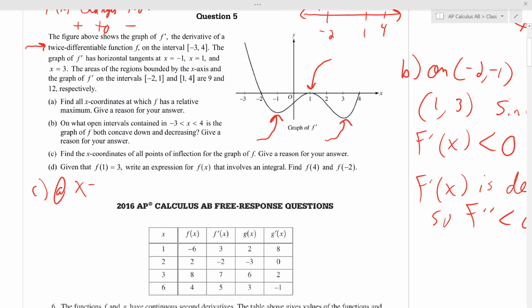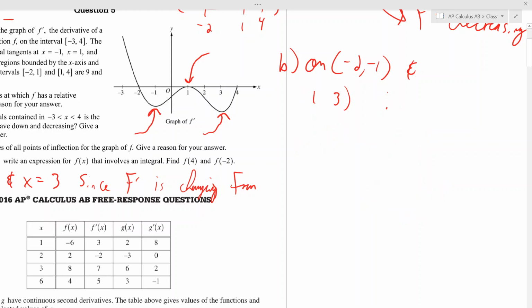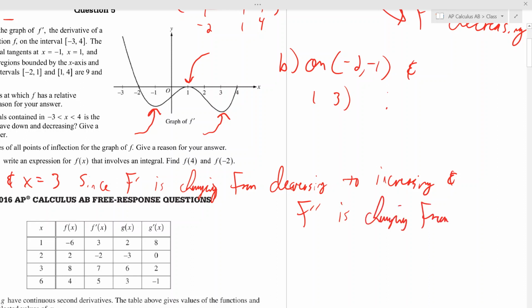So I'm going to say at x equals -1 and at x equals 3, since f prime is changing from decreasing to increasing, which means f double prime is changing from negative to positive at those two.